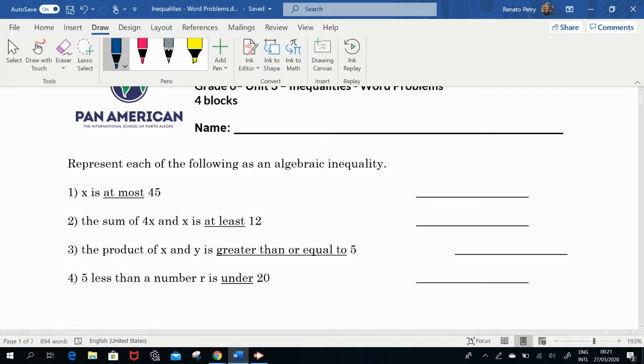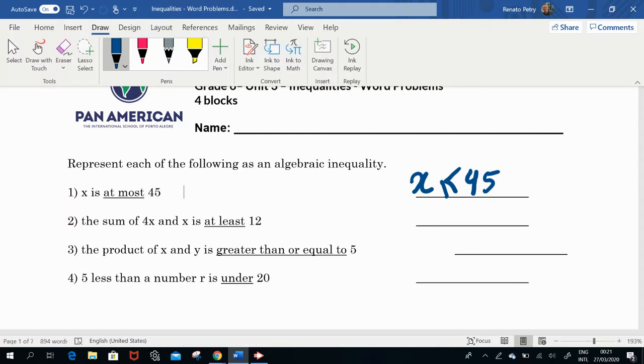At most means the maximum it can reach is including 45. So the inequality that it would represent is this. If X is at most 45, all the numbers that could represent X have to be less than or equal to 45. Because X is at most, the maximum it can reach is 45.